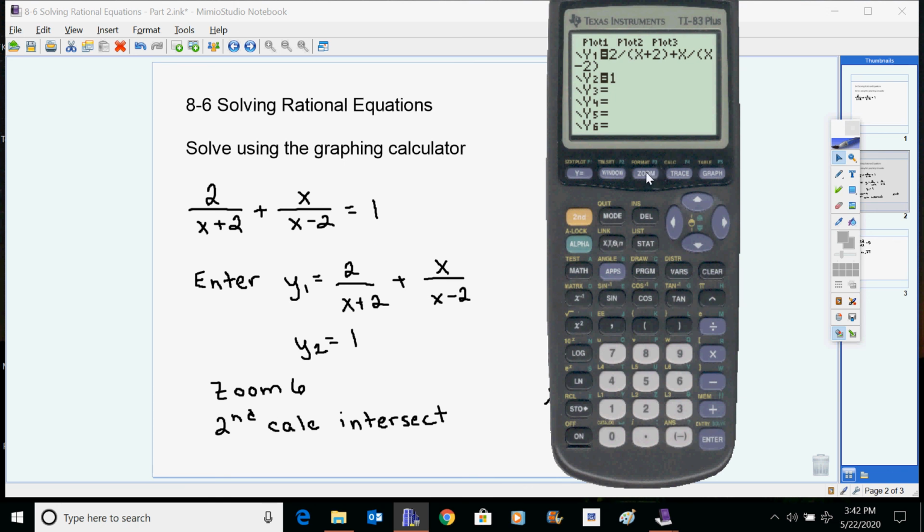We want to go back to our old friend Zoom 6, which is our standard. Okay, Zoom 6. And you want to go back to your old friend where you're looking for the intersection. Now we've got this crazy graph here. Okay, we want to look for the intersection. We can guess that it's here, but let's do second calc.